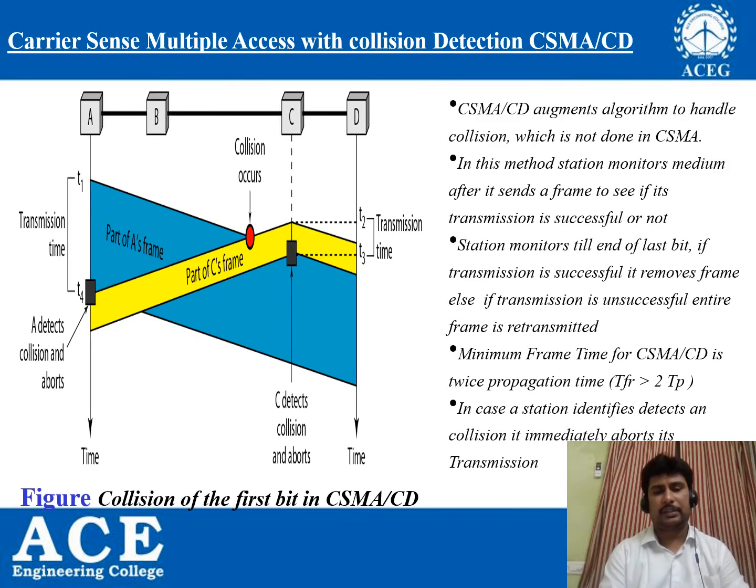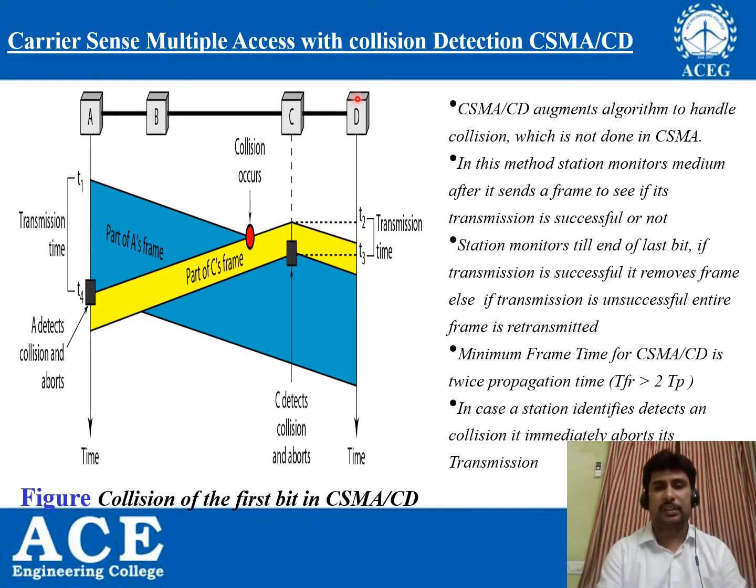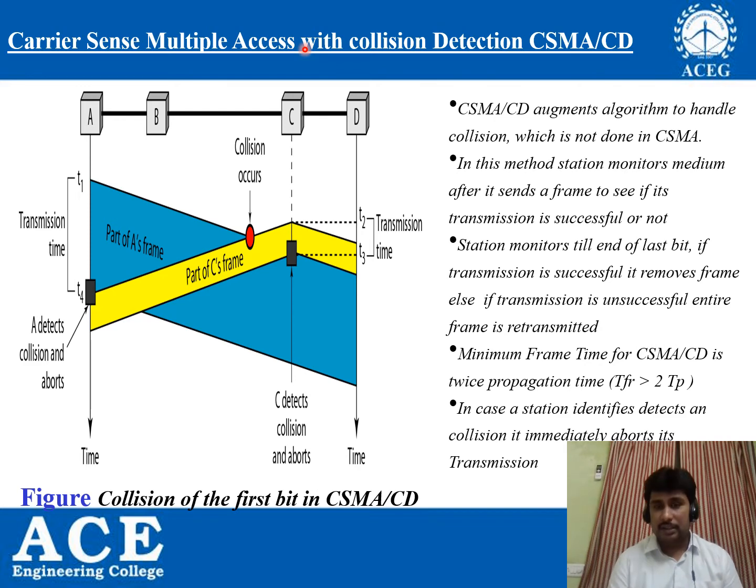In the carrier sense multiple access technique, which we discussed in the previous session, we were talking only about sensing the channel before using it, and for that we use different persistent methods. The next type is called carrier sense multiple access with collision detection. What do we mean by collision detection, and how does it make it better than CSMA?